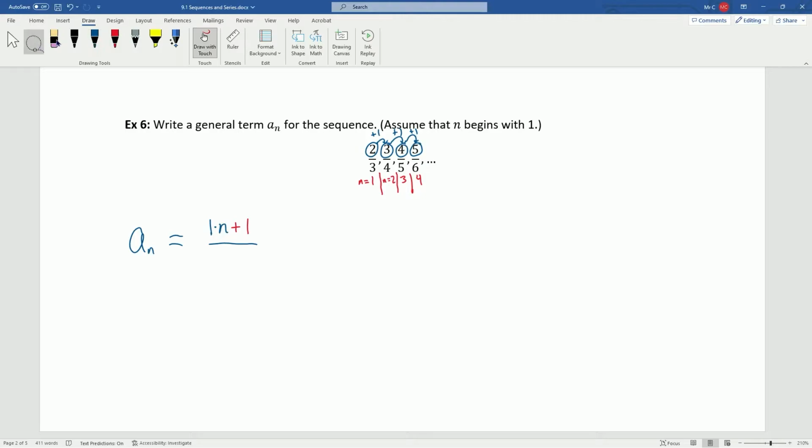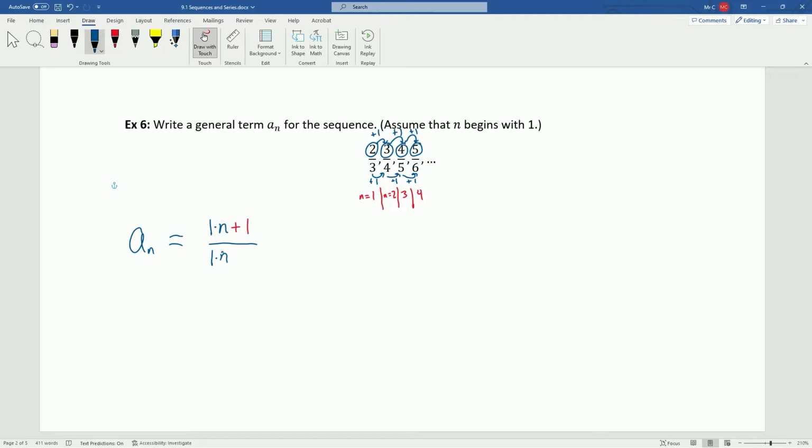And now we need to do the same process for the denominator. But again, when I look at the denominator, I'm adding 1 at each step. So that tells me I should have, again, repeated addition is multiplication. So I should have 1 times n. But I need to start at 3.